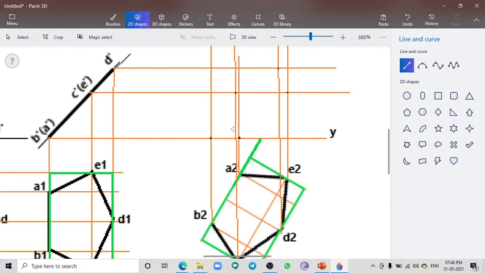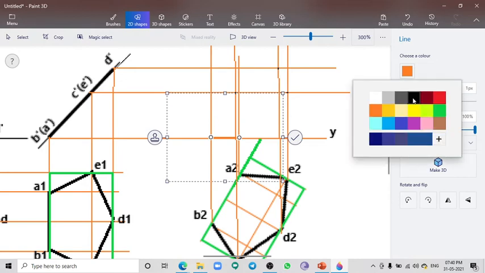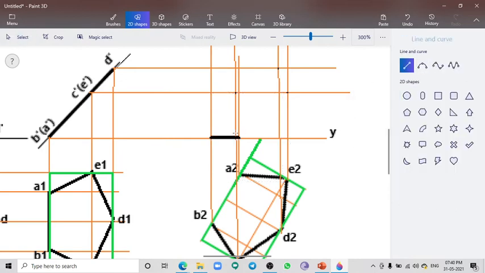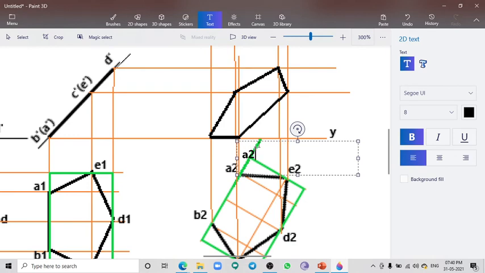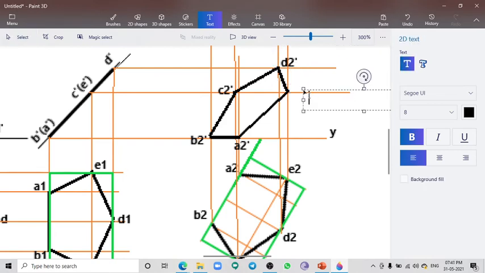So I am going to join all the points from A. This is point A2 dash, B2 dash, C2 dash, D2 dash, and E2 dash.